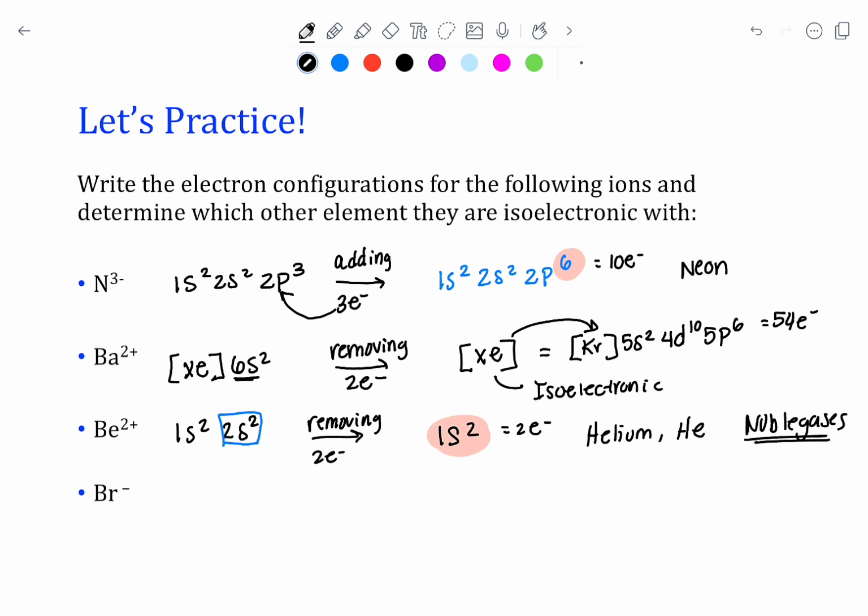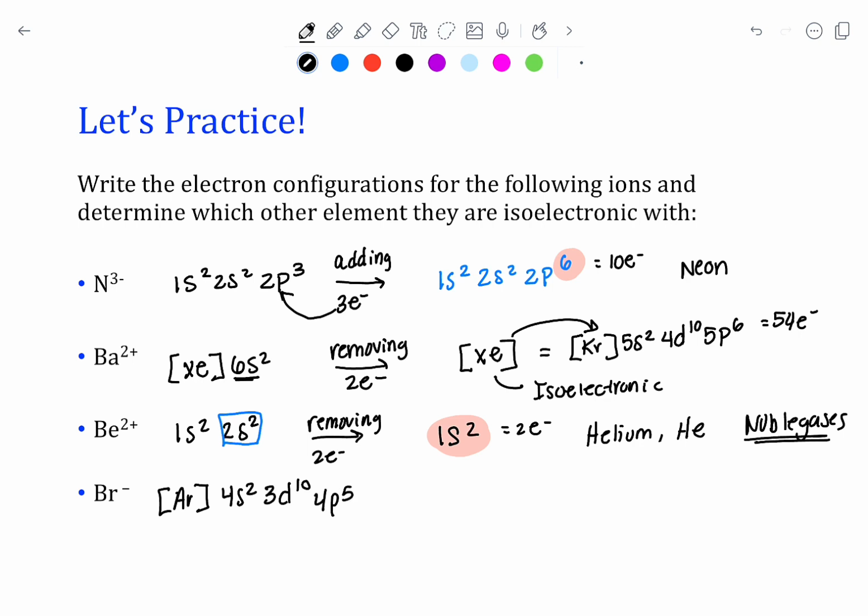Okay, our last example is bromine, 1 minus. I'm going to write bromine as argon 4s2, 3d10, 4p5.